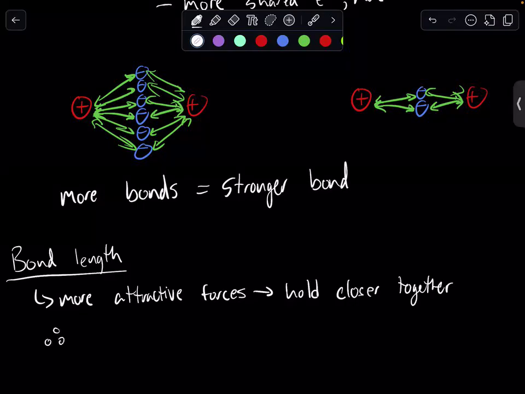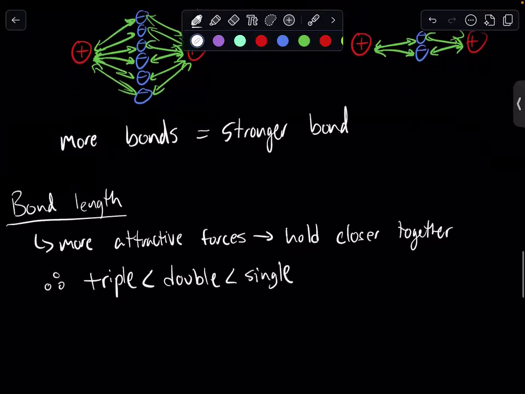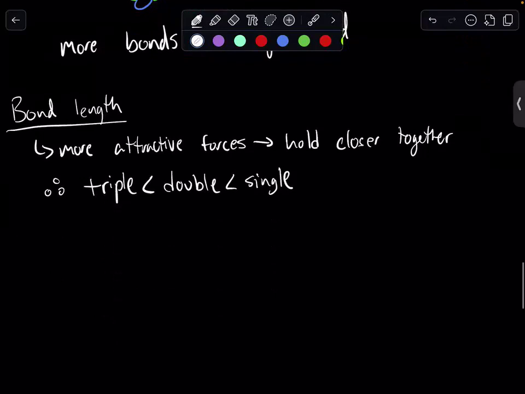Therefore, we can find that in terms of length, triple is shorter than double is shorter than single. However, the number of bonds is not the only thing that can affect it. So not all bonds of the same kind are equal in length.